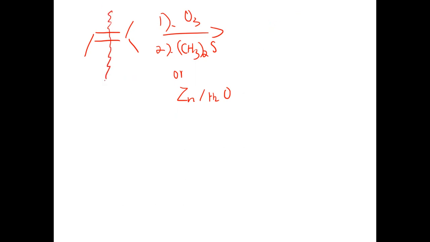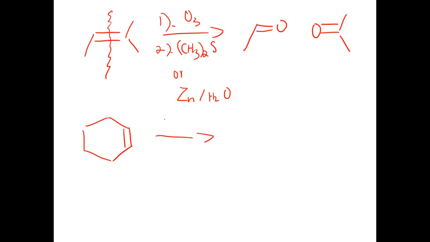You just cleave this bond, and it gives you the 2 carbonyl compounds. In the case of the vicinal diol, the reaction is pretty much the same. A vicinal diol often is prepared from an alkene.